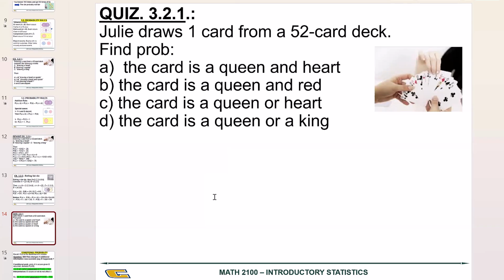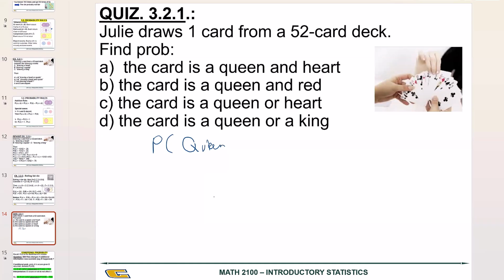So we have a 52 card deck, right? So queen and heart, which is an event. Basically it's just the queen of hearts, which is just one possible case. So this probability will be P(queen and heart).